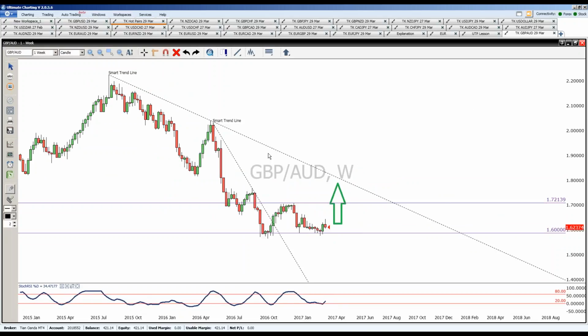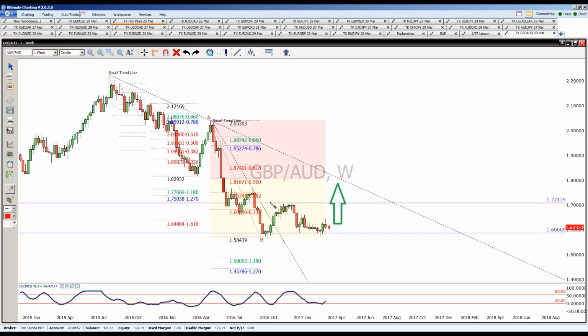So tell me, which Fibonacci's would be the most important at this stage? The down fibs or the up fibs? Which ones would be the most important? Aha.